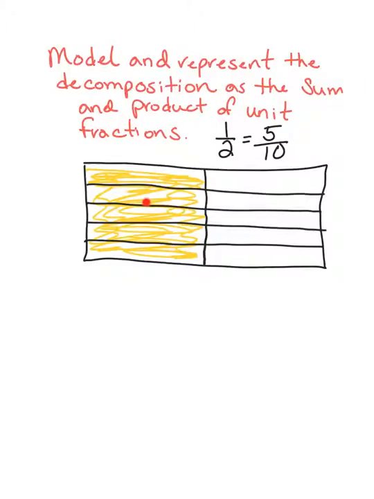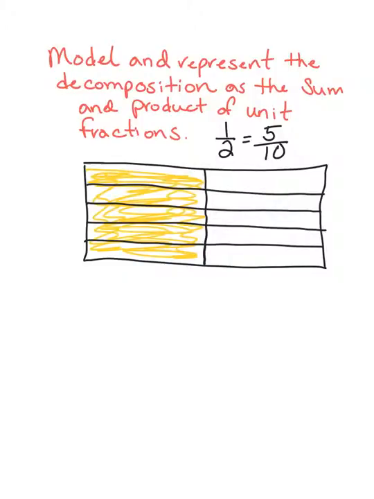Well, it's 1, 2, 3, 4, 5, 6, 7, 8, 9, 10. So this area model has been broken up into 10. And we have the numerator 1, 2, 3, 4, 5. So 5 is being taken out of this 10. So this area model clearly shows that 1/2 is equal to 5/10, that they are equivalent fractions.